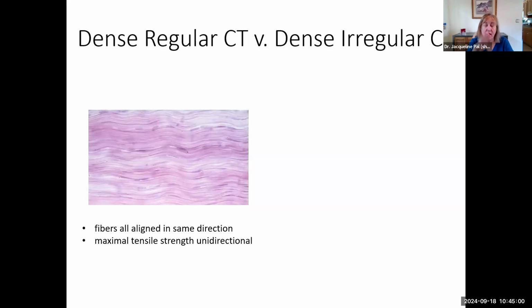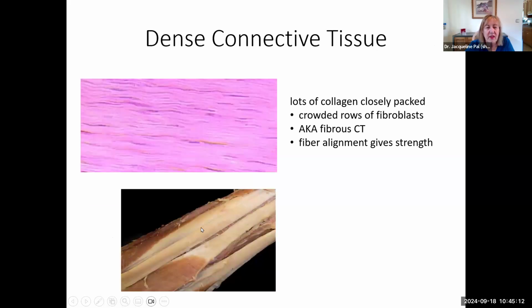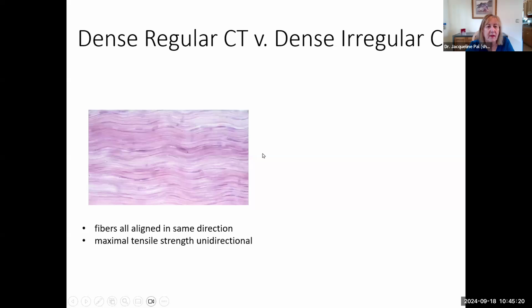All right. Now, when we're looking at dense fibrous connective tissue, there are two subtypes. There's dense regular, which is what I'm showing you in the picture. Dense regular means all the fibers are aligned in the same direction. Do you see how all the fibers are aligned in the same direction? Okay.